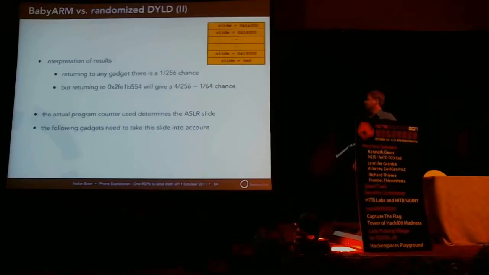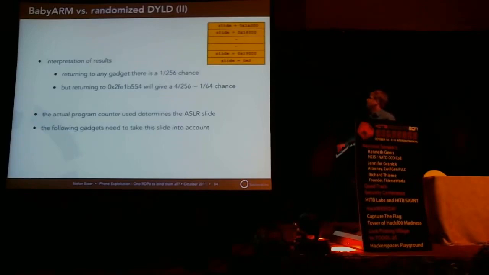That's quite convenient. And now, which one of the program counters is used to determine the ASLR slide? In this table above, you can see if the very first program counter was taken, then obviously the slide of the dynamic linker is 1A and 3 zeros.